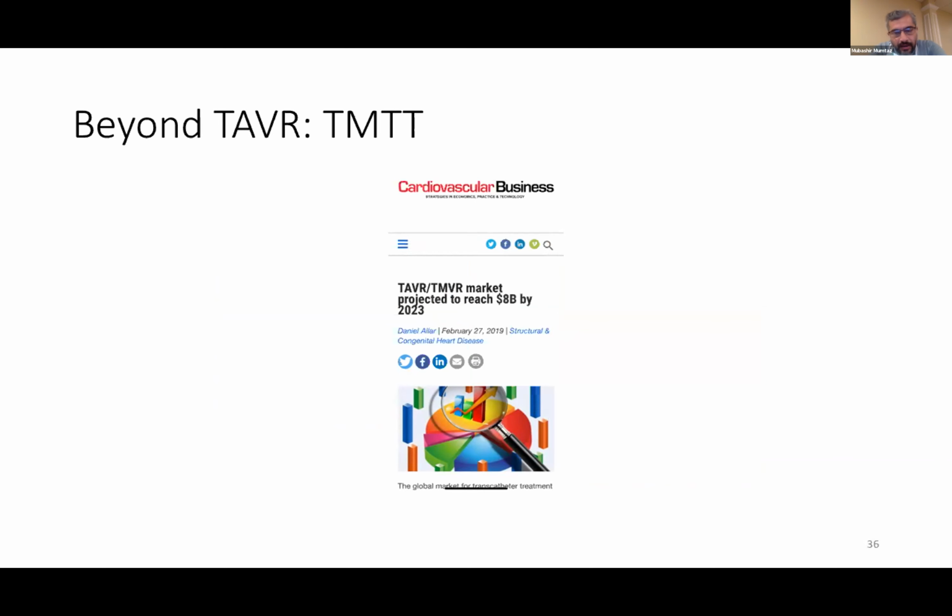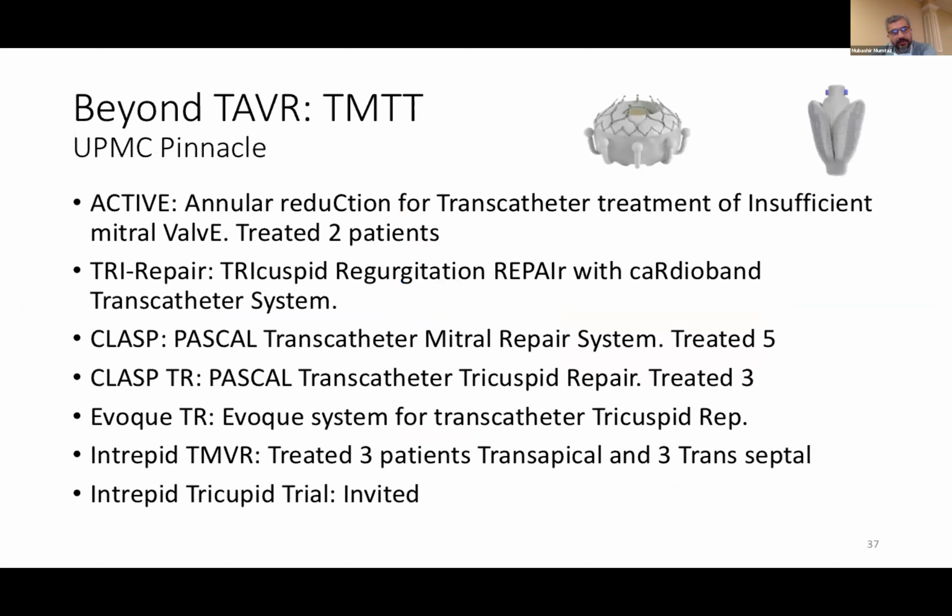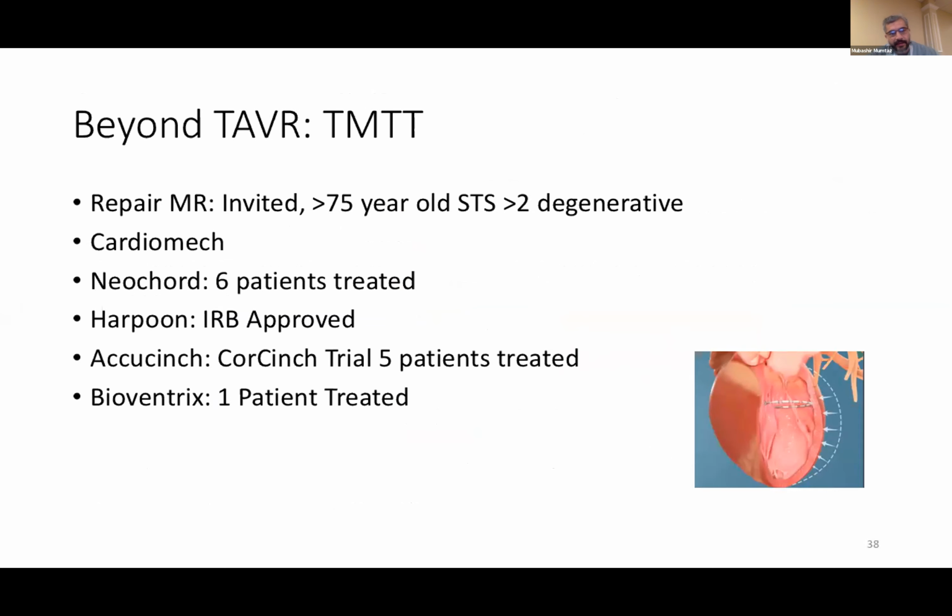Beyond this, obviously transcatheter mitral therapies will continue to grow. A lot of interest. The next decade will belong to them. At UPMC Pinnacle, we are involved in a bunch of the trials, whether it's Pascal or the CLIP on the tricuspid side, Cardioband, mitral repair in degenerative valves with Neochord and Harpoon, transcatheter mitral repair technology, AccuCinch, which is ventricular plication below the mitral valve.